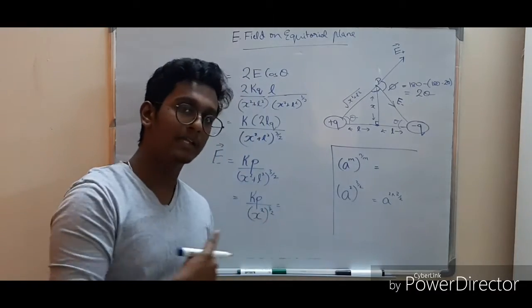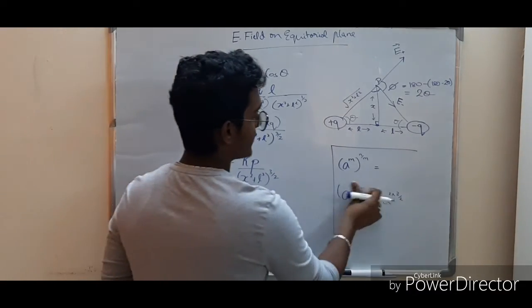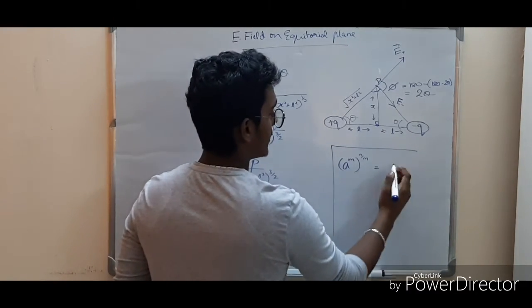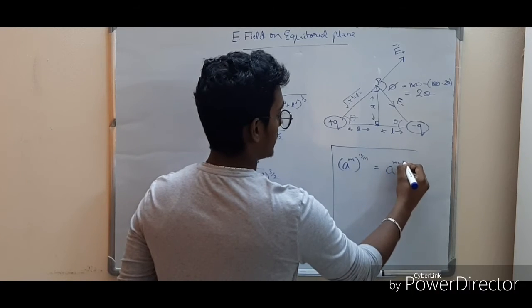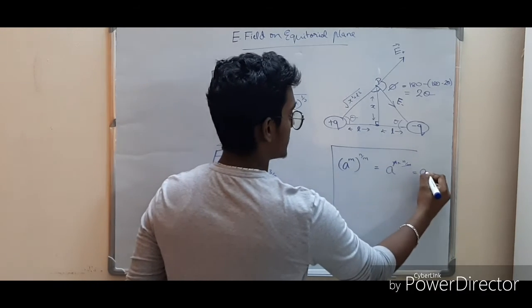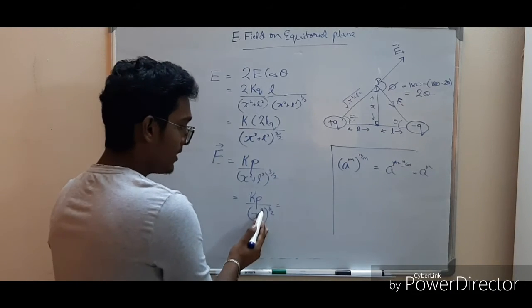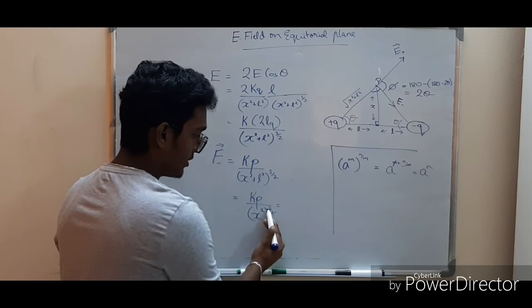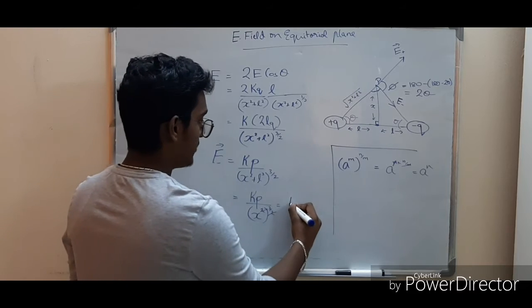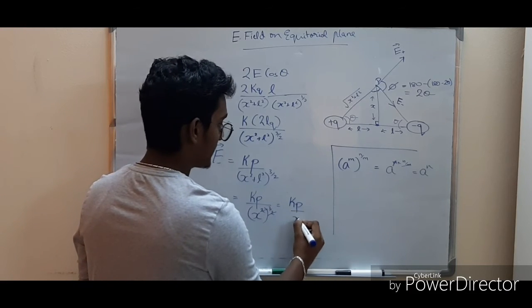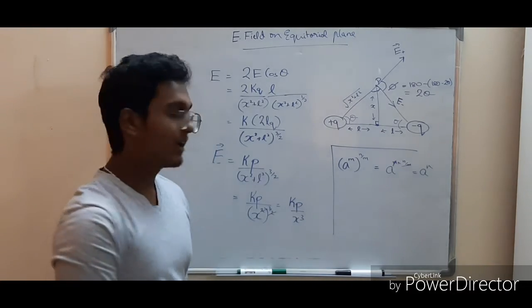You can multiply the powers. So when you multiply the powers, you get a raised to m into n by m, which is a raised to n. That's the same thing we're going to do here. The squared is going to get cancelled off between the denominator and numerator. So you're left with kp by x cube. And this is the final answer.